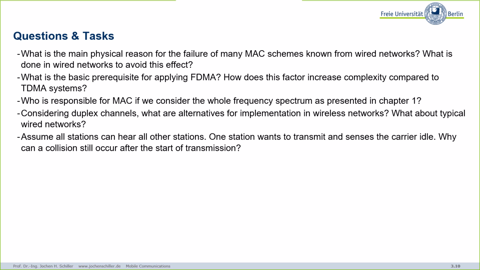Why don't we do this in wireless systems? The point is, when you send your signal, you have an output power of, let's say, something like 10 milliwatts. The received signal from the other side is something like picowatts, attowatts. So that's magnitudes weaker than the signal you send.